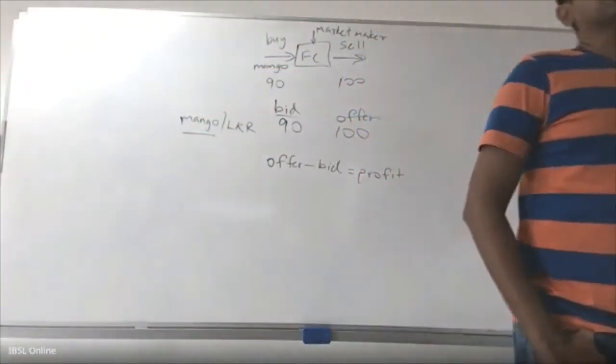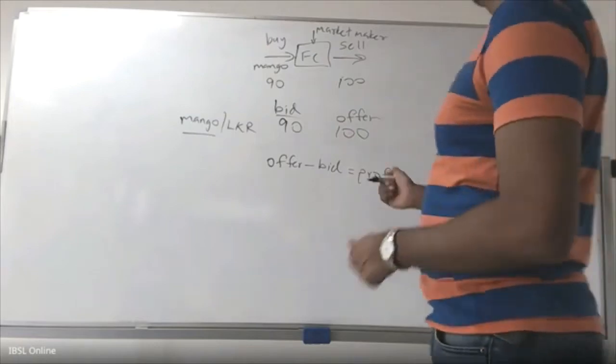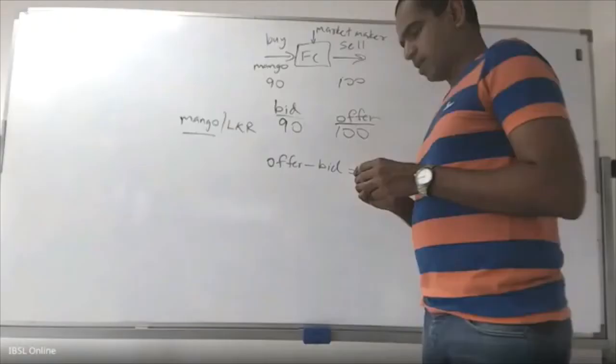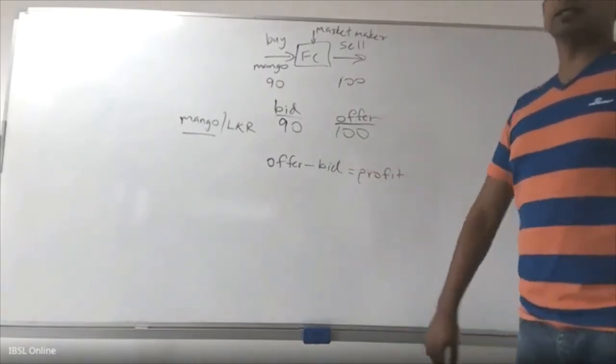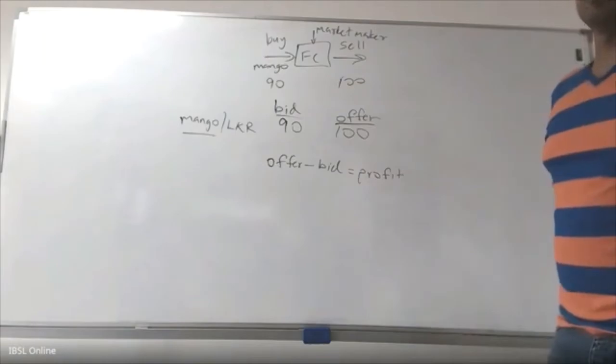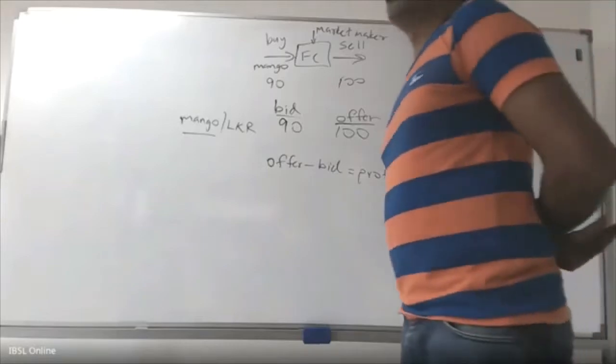So if you walk into a supermarket and you want to buy a mango at these prices, you will buy the mango at what price? 100. And if you want to sell a mango to the supermarket, you will sell it at 90. Okay. So those represent the buying and the selling price.